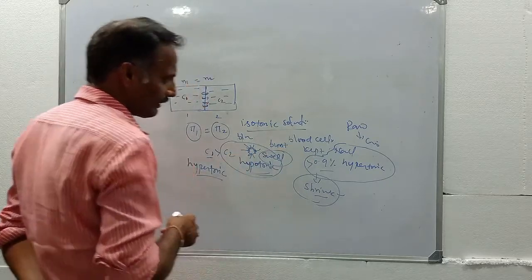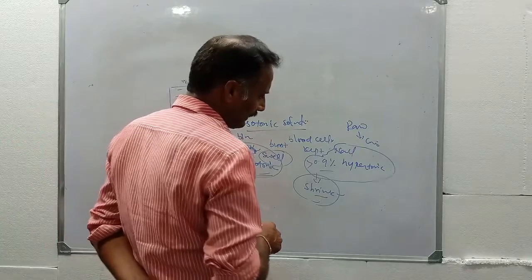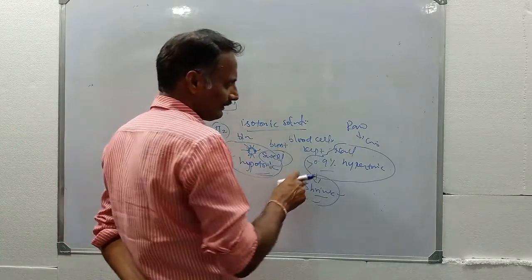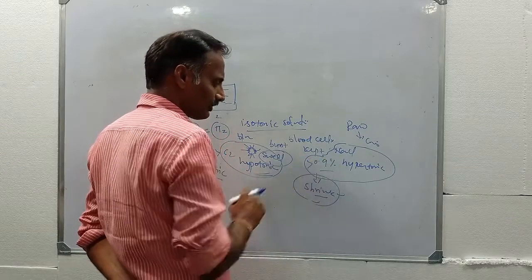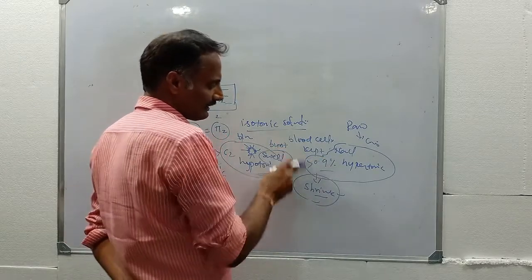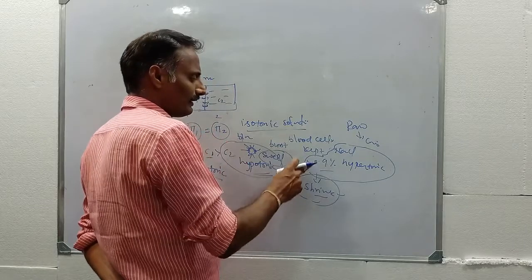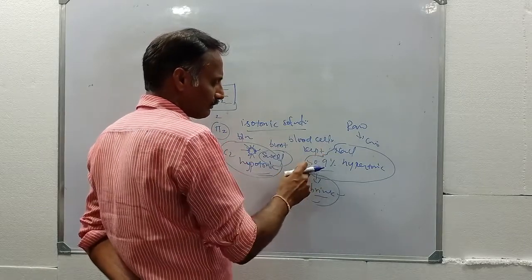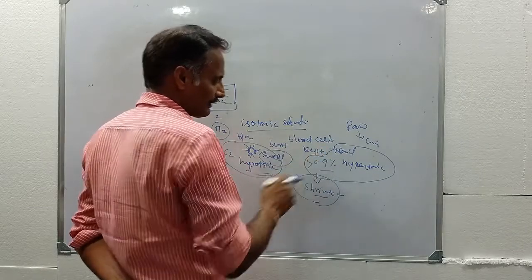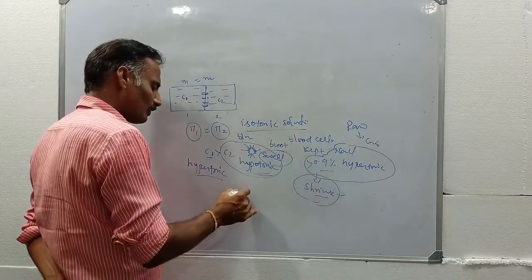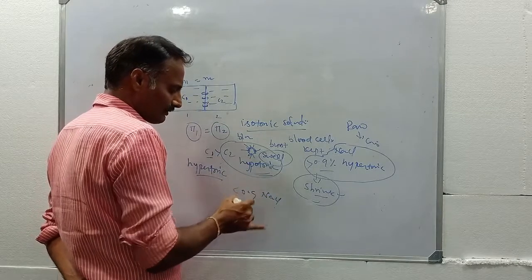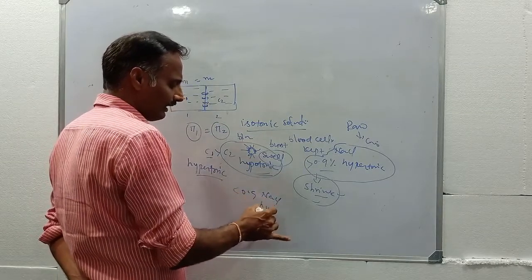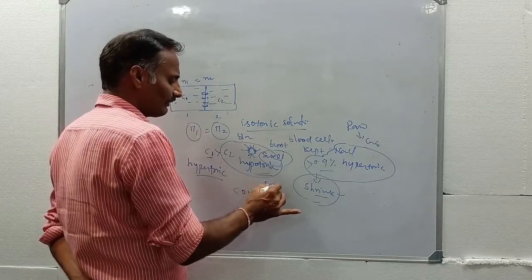What happens when blood cells are kept in a solution containing greater than 0.9% NaCl? The blood cells shrink when kept in a NaCl concentration of more than 0.9%. If you keep the blood cells in less than 0.9% NaCl solution, that is a hypotonic solution, and in this case they will swell.